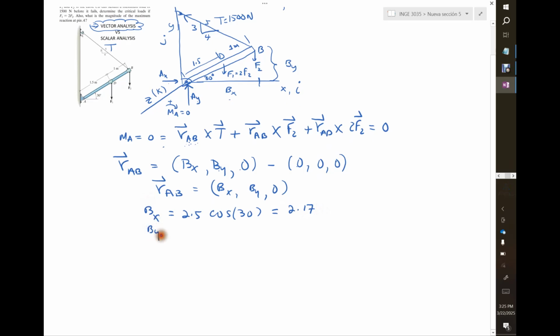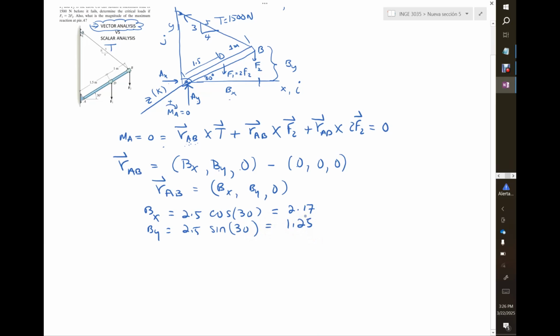Well, BY is going to be 2.5, but now I need this distance, so that obviously is the sine of 30, and that's about 1.25.